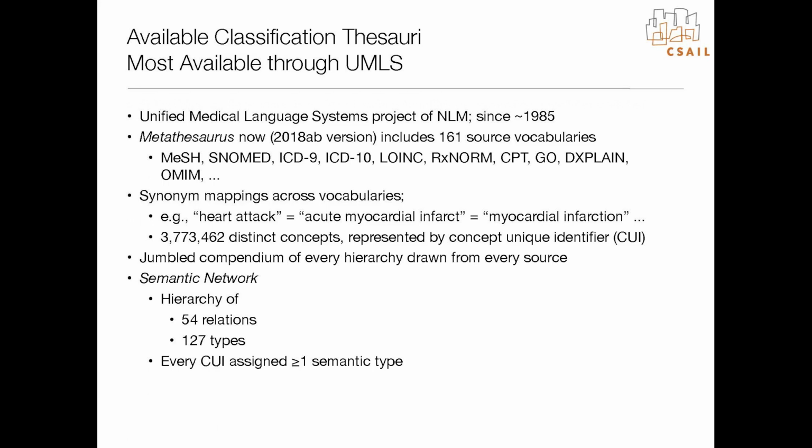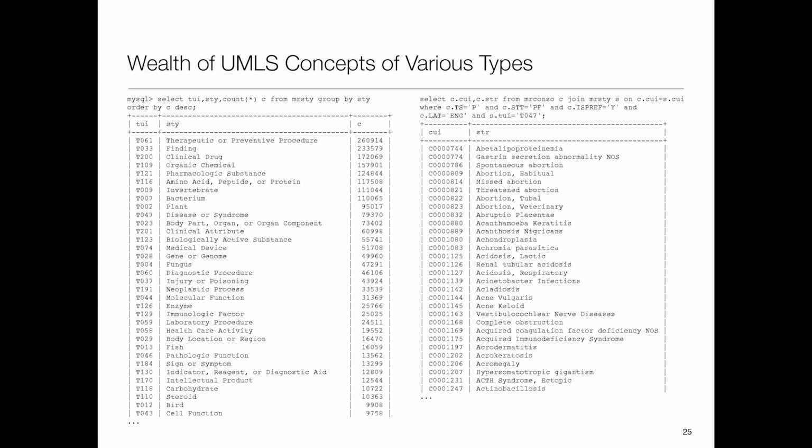There are also hierarchies and relationships that are imported from all these different sources of terminology, but those are a pretty jumbled mess. And then over the whole thing, they created a semantic network that says there are 54 relations and 127 types, and every concept unique identifier is assigned at least one semantic type. So this is very useful for looking through this stuff.